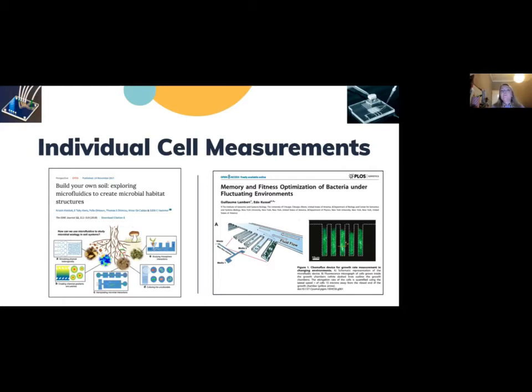These nanofabricated, novel microfluidic devices allow precise control of fluids. And so you can really precisely control the microenvironment and study in real time the response of the microbial cells.